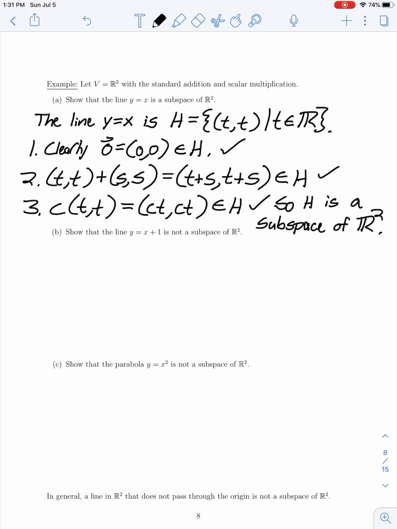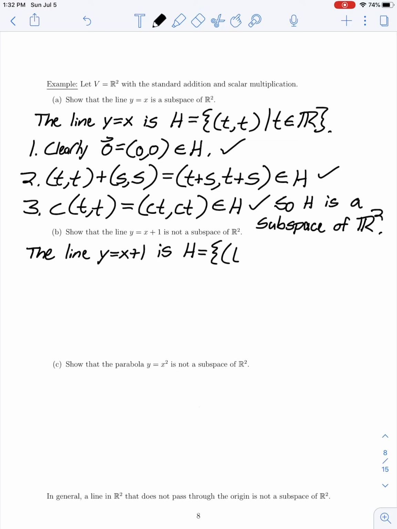All right. Now in part B, we have a similar problem. We're supposed to show that the line y equals x plus 1 is not a subspace of R2. So let's consider how this line would be defined in terms of vectors. So here the line y equals x plus 1 could be thought of as the set H of points where the y-coordinate is 1 greater than the x-coordinate.